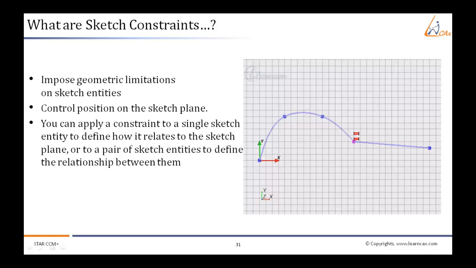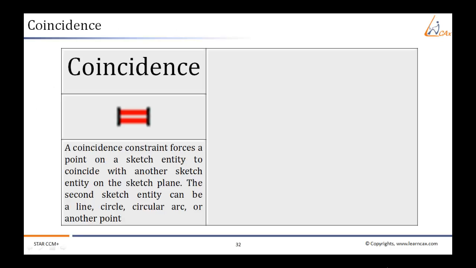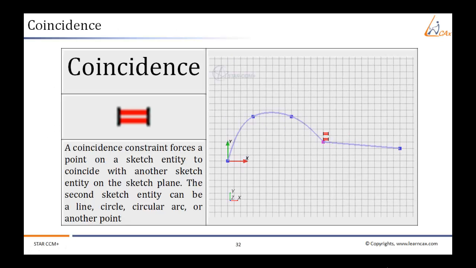We are going to see all the different constraints one by one. The first constraint tool is the coincidence constraint. This constraint forces a point on a sketch entity to coincide with another sketch entity on a plane. We can use a line or circle or arc or another point as a reference entity.